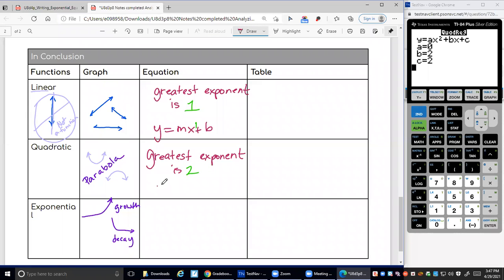I know it has a lot of letters. Anybody help them out? It's got an A. AX squared plus BX plus C equals 0. There you go. Yeah, it does have a lot of letters. All right.